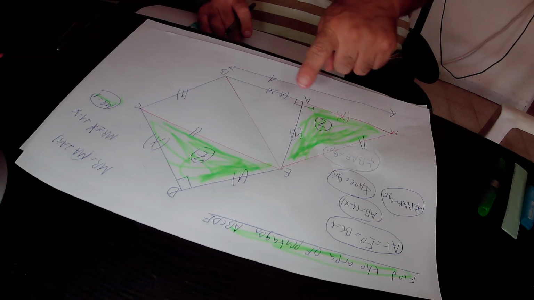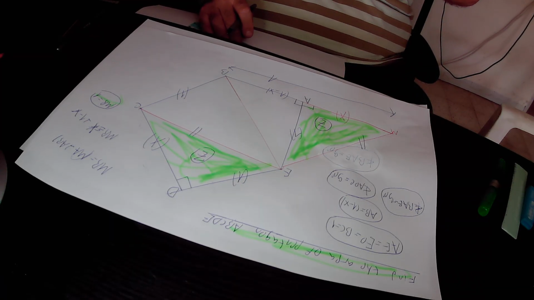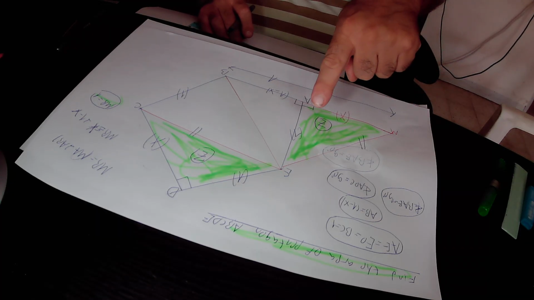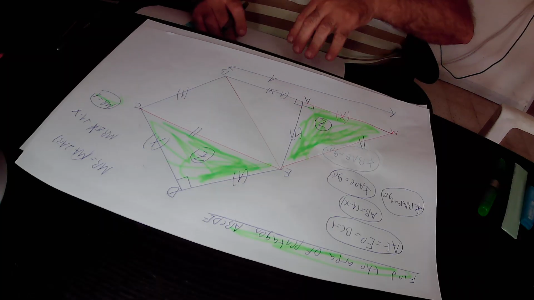MB is actually a common side that belongs to both triangles. It belongs to triangle EBM and it also belongs to triangle EBC.